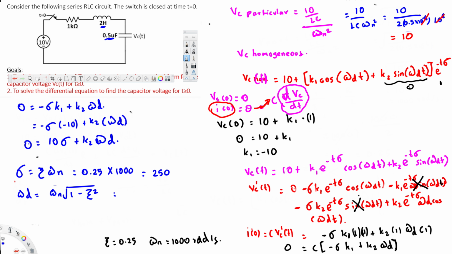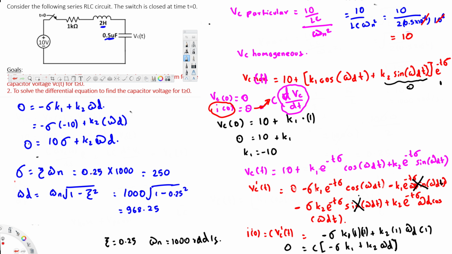So omega n is 1000, so 1000 times square root of 1 minus 0.25 square. And if you calculate this value, you will get 968.25.